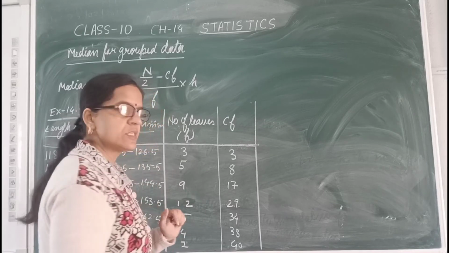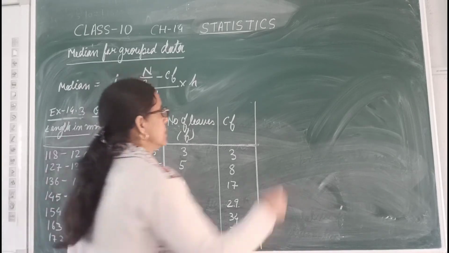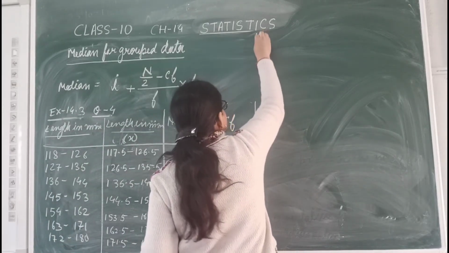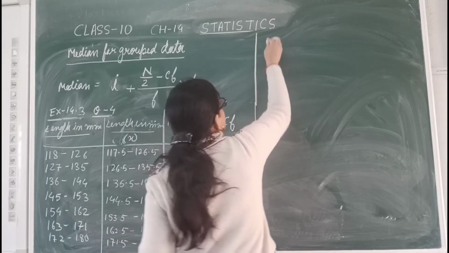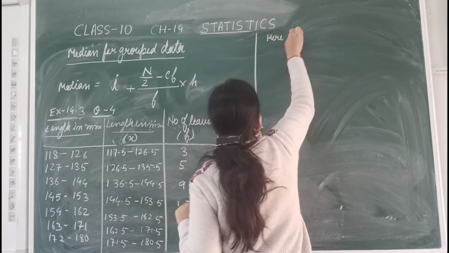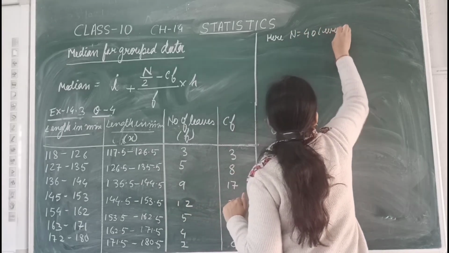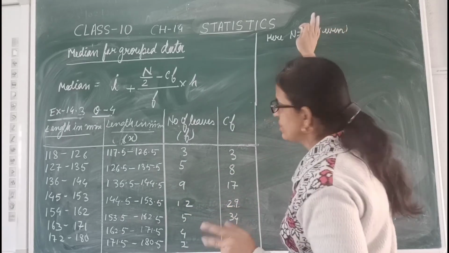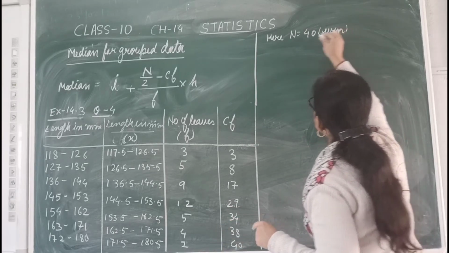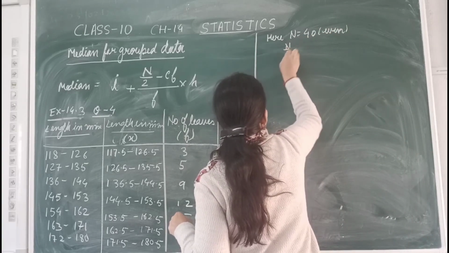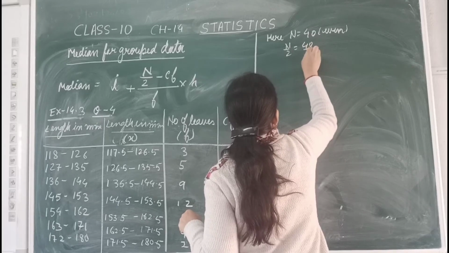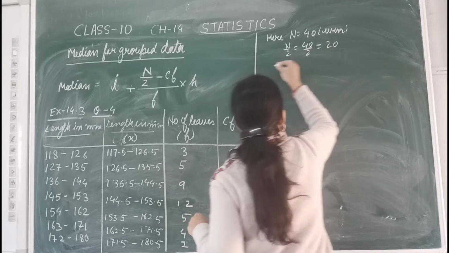Now the first step is to find the median class. Here we will write the calculation. Here n equals 40. Therefore n by 2 equals 40 by 2 equals 20.